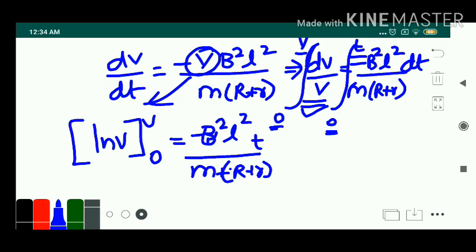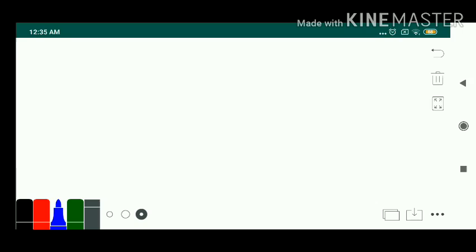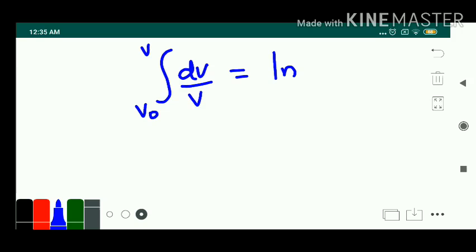Right? Now the next step is, I'm going to rub this section off, guys. See, initially I just told you the initial velocity is 0 and the final velocity is v, right? Sometimes it might not be so. Suppose there is an initial velocity v naught. Initial velocity is not 0, let's say like that. So this integration will become the integral from v naught to v, and it would have been dv by v, right? So I will write it as natural logarithm ln v, with upper limit v, lower limit v naught, right?